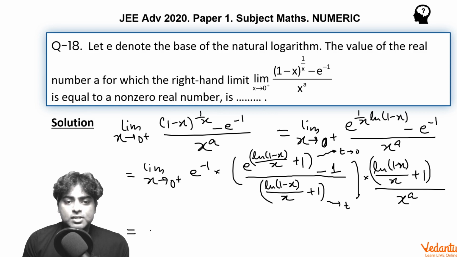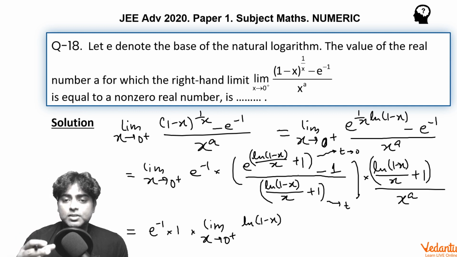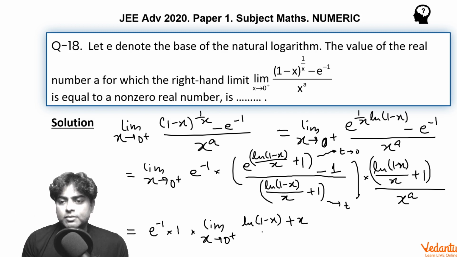Further, I can write e raised power minus 1 into 1 into, we are left with limit x tends to 0 plus ln(1 minus x). So the entire middle bracket becomes 1 and it is a non-zero number, so it won't create any problem. So ln(1 minus x), taking LCM, plus x upon x raised power a plus 1.